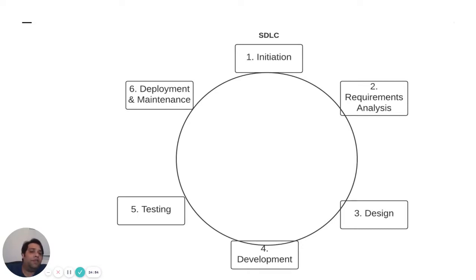So the first part is unit testing. This is usually done by the developer, but in some cases it is done by QA as well. We see those kinds of things happen in the industry, but most of the time it is part of the duty of developers. The second is integration testing.